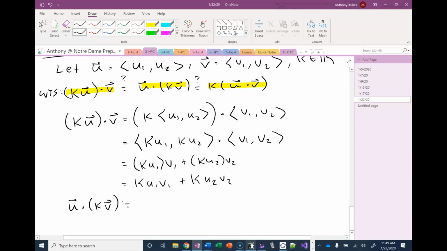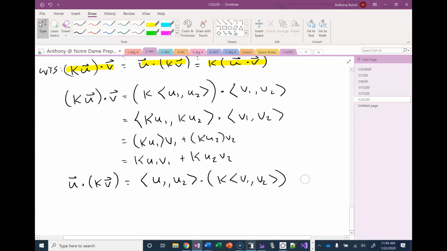So now I'm going to take the middle part of what I wanted to show, and I'm going to do the same thing. So, just like before, you'll do the scalar multiplication. And then we'll perform the dot product.